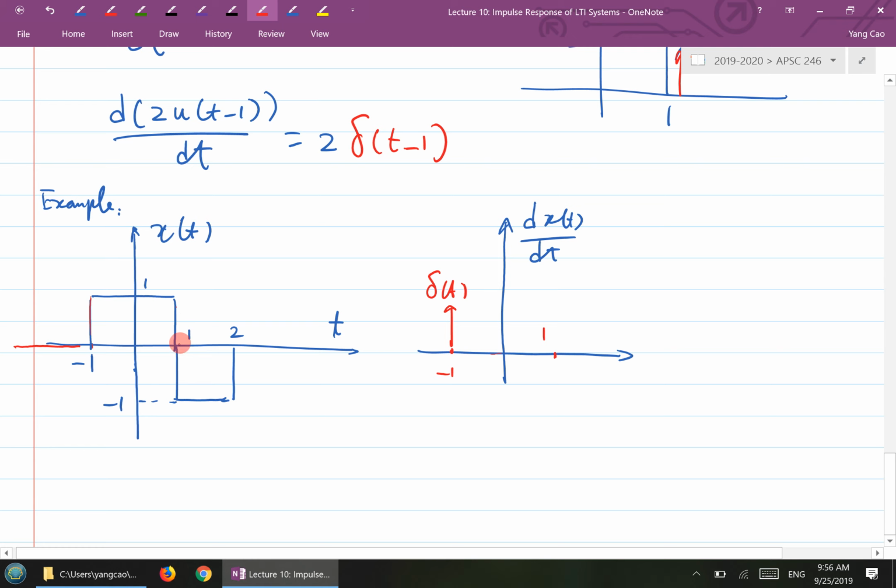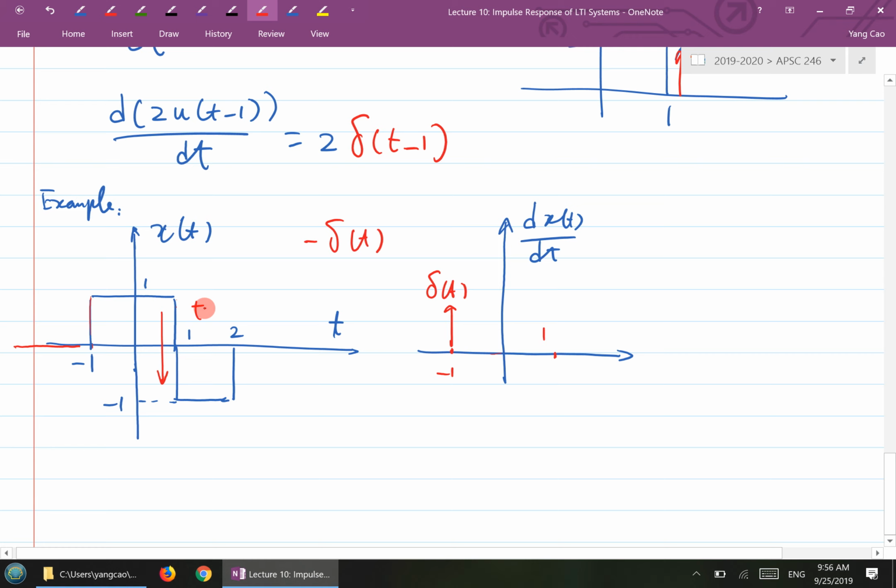So what happened at t equal to 1 here? Then it goes all the way down. It's still vertical, so instead of positive infinite, it should become negative infinite. But instead of calling it negative delta t, at which location?